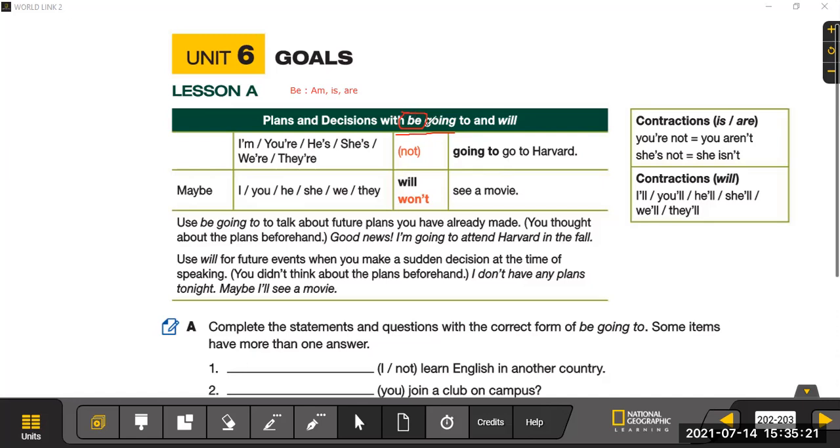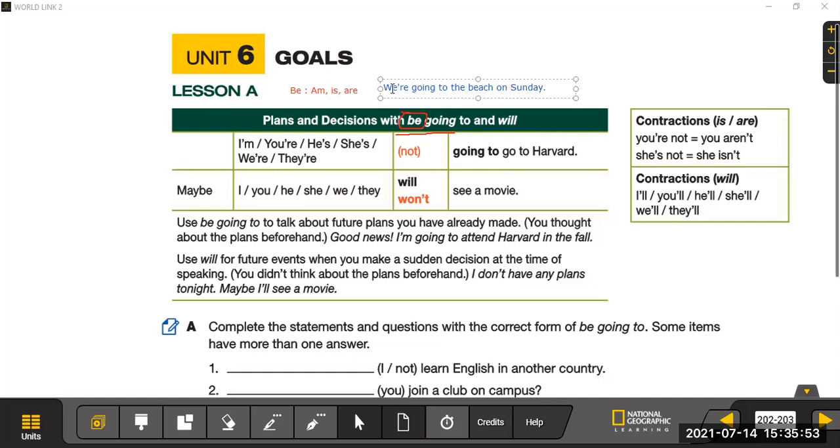In that case, we are using positive. Remember that we can use positive and negative with be going to. So I am going to write two examples. One is positive and the other will be negative. I can say, we're going to the beach on Sunday.